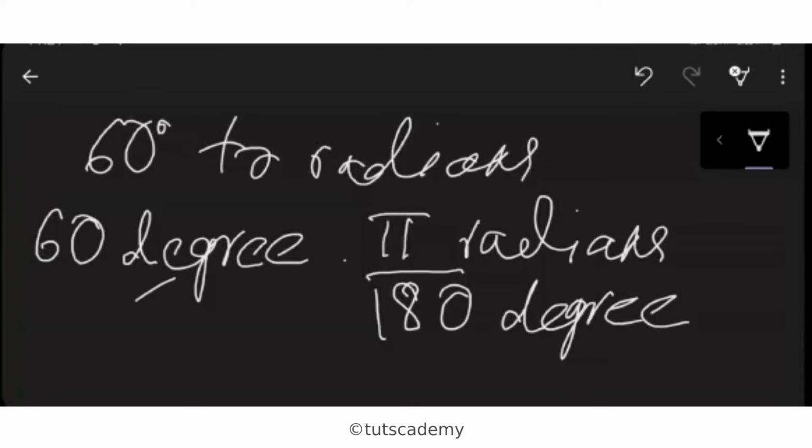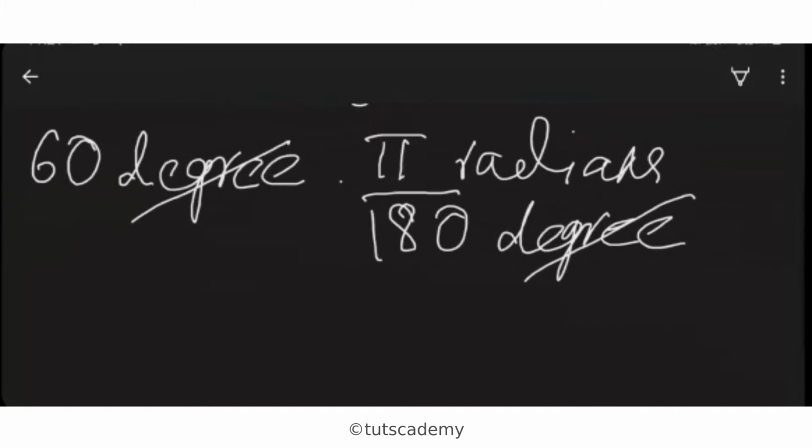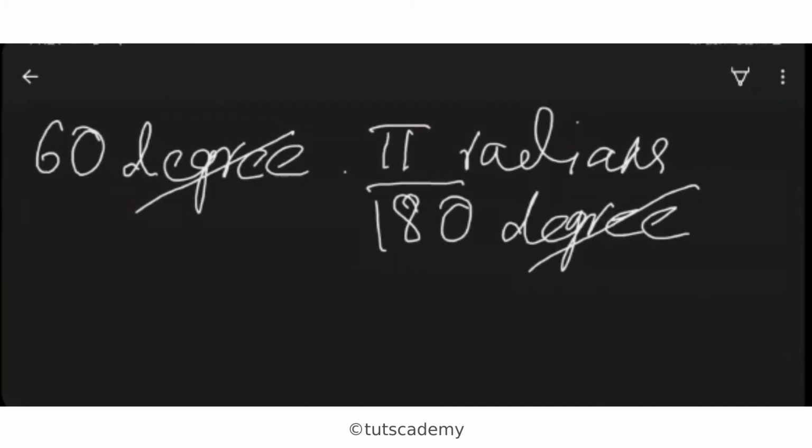As you can see, the degree and the degree will cancel out. Then we will be left with 60 pi over 180 radians.